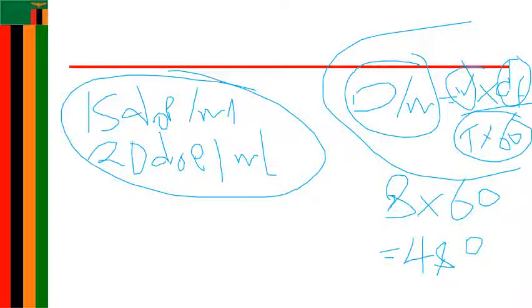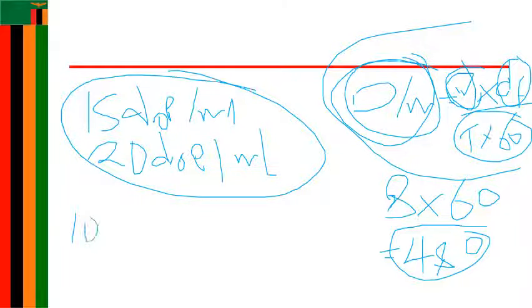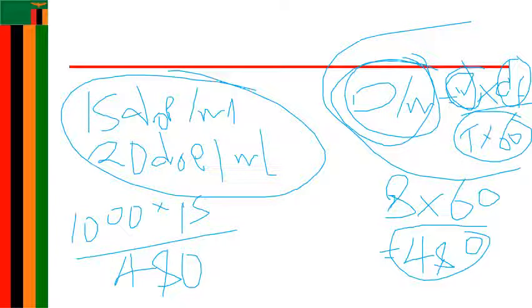Now that we've converted the time, in the formula we already have the volume, which is 1000 ml, multiplied by the drop factor, which is 15, divided by the time in minutes, which we've calculated as 480 minutes.